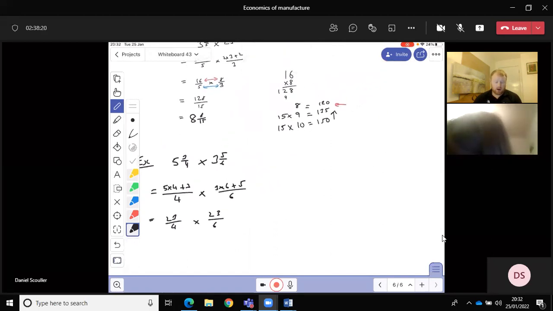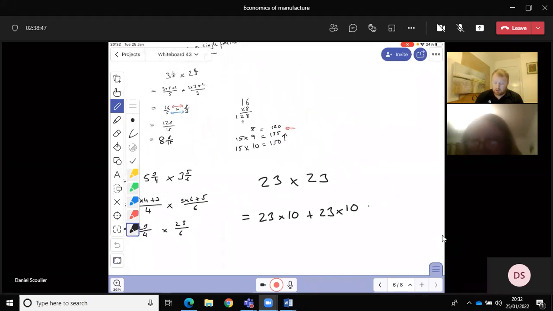The way I would do it is break 23 up into a 10, a 10 and a 3. So you have one of the 23s, and we can break that up into 23 times 10 plus 23 times 10 plus 23 times 3, which is a lot more digestible.